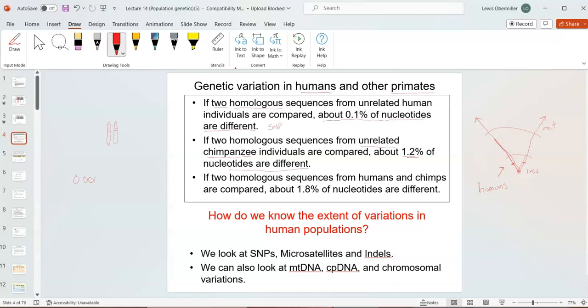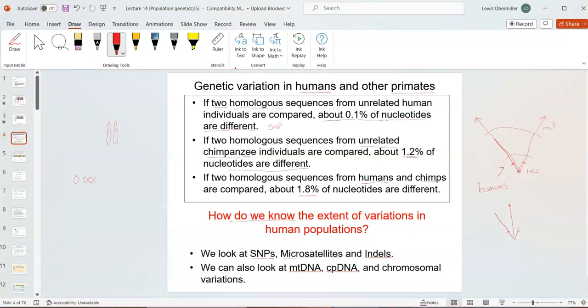Now, if we looked at differences between humans and chimpanzees, we would see that about 1.8% of the nucleotides are different. So we could look at the tree and say, okay, these are humans, these are other related humans, and chimpanzees maybe would be over here. So how do we know this? Well, we look at SNPs, the single changes in DNA.